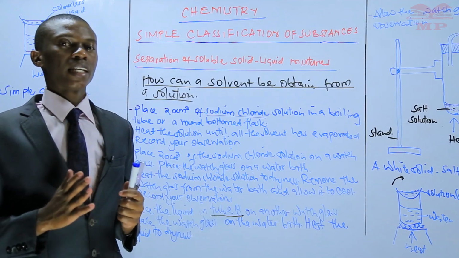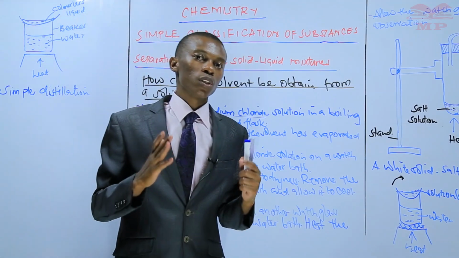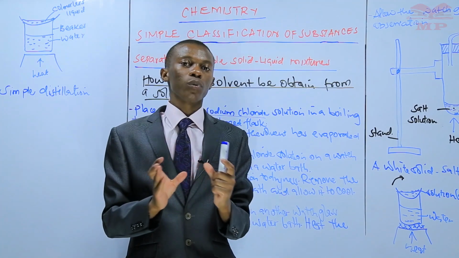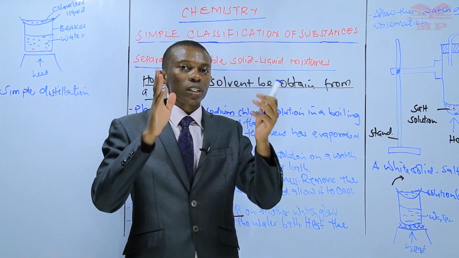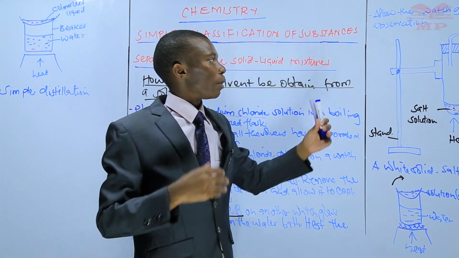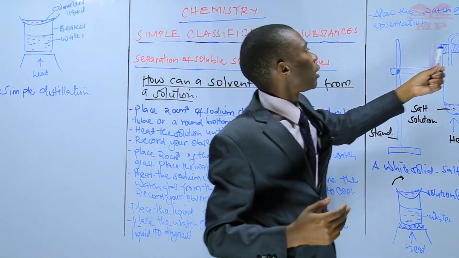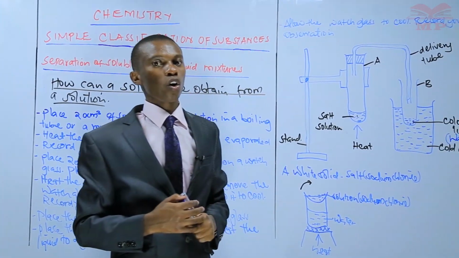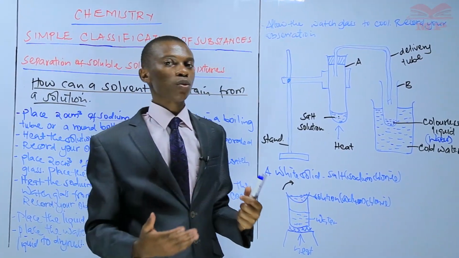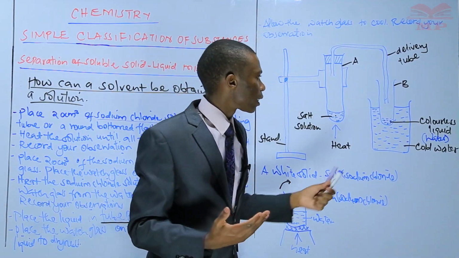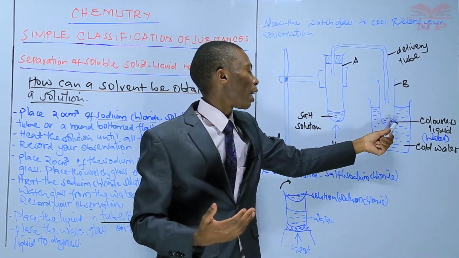We have heated a solution of sodium chloride to dryness. We are left with salt. Water evaporates and it is collected as a colorless liquid. But as it evaporates, some of it condenses on the cooler parts of the delivery tube, and at the end it is collected at that point.